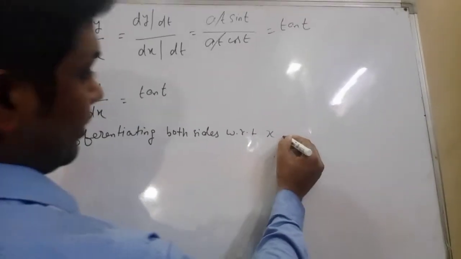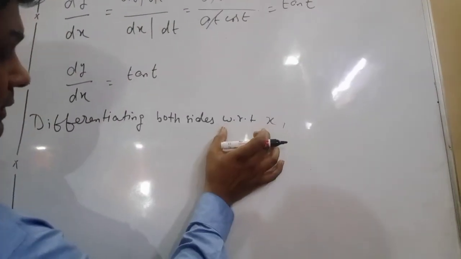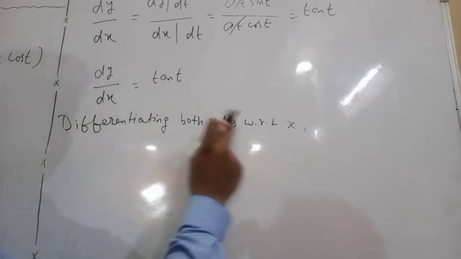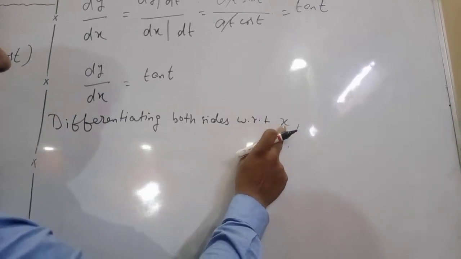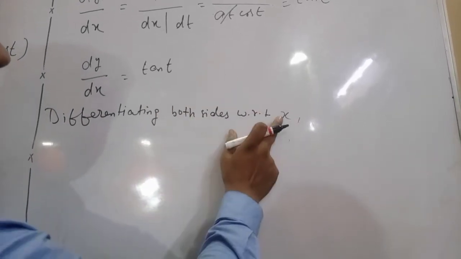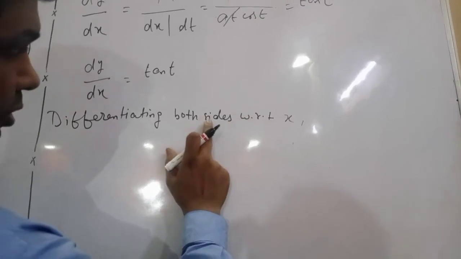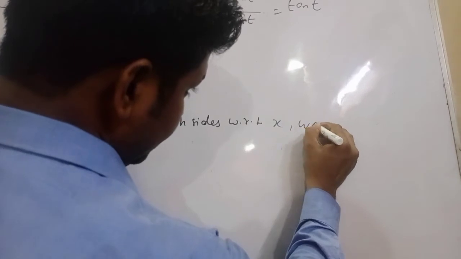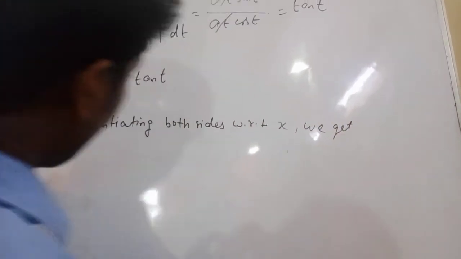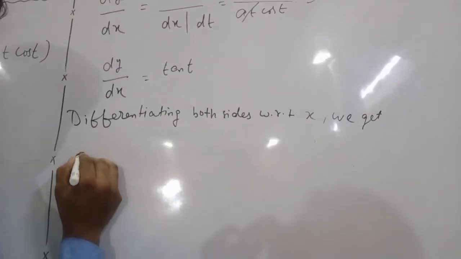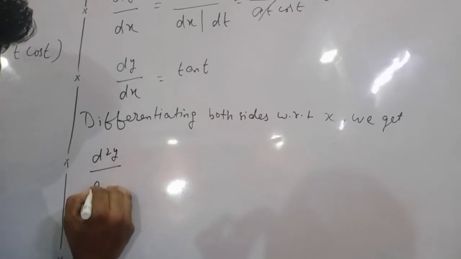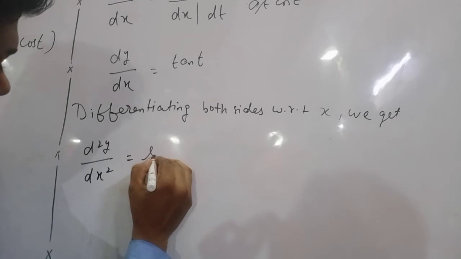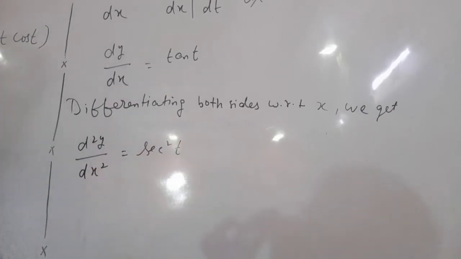Fine. This is very important. Please remember this. This is a very important step. Most of the students will write differentiating both sides with respect to t, which will be wrong. So here you have to write differentiating both sides with respect to x only. Okay, and we get. So when you differentiate it, you will get d2y by dx square, and derivative of this, that would be sec square t.